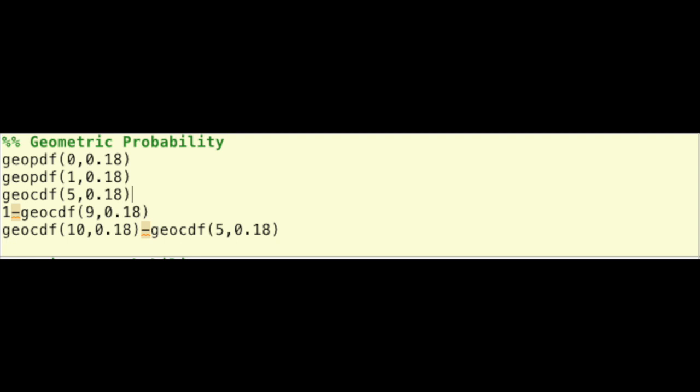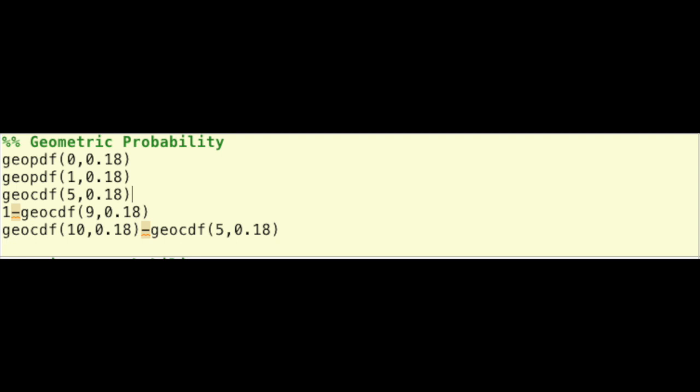So the geometric PDF and CDF functions both require the same kind of input. You first specify the random variable value, the count of the number of attempts required before that first preferred outcome occurs, and then the probability of obtaining a preferred outcome on any given independent trial.